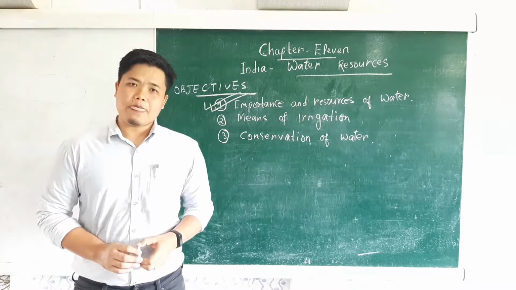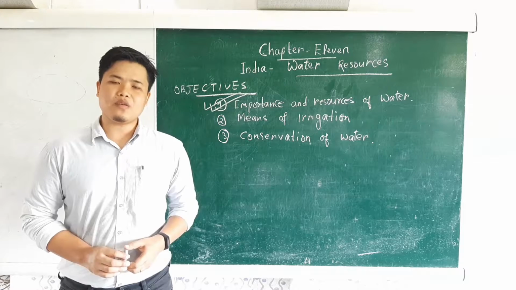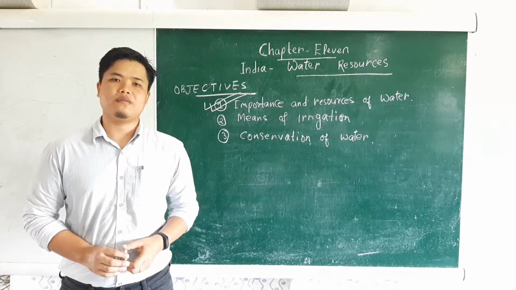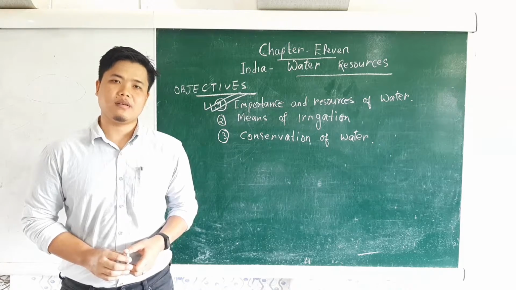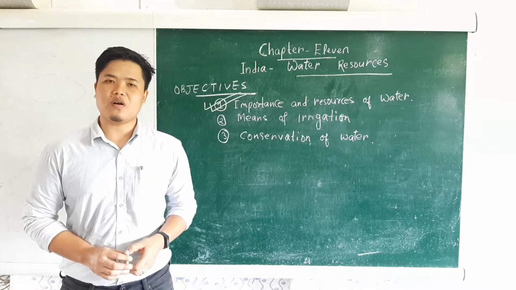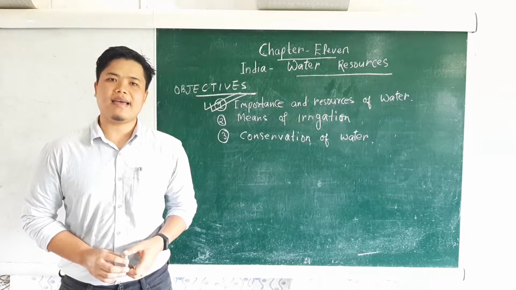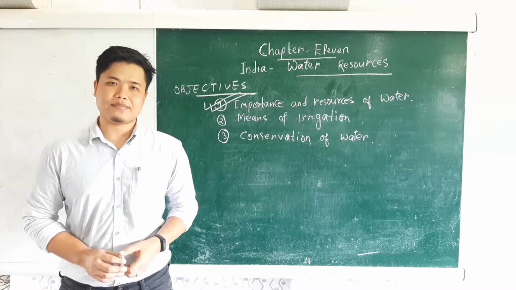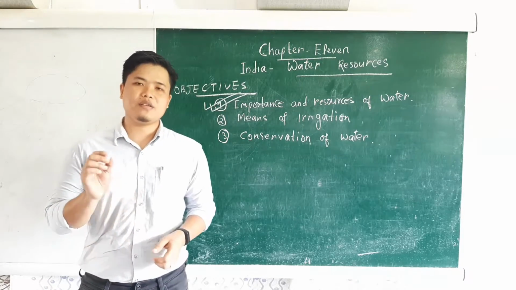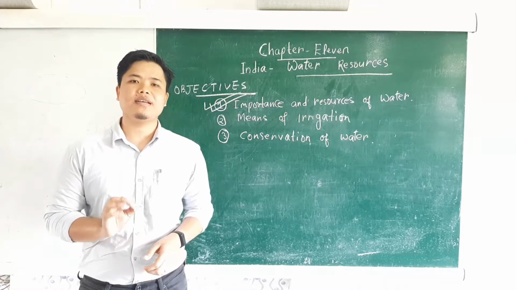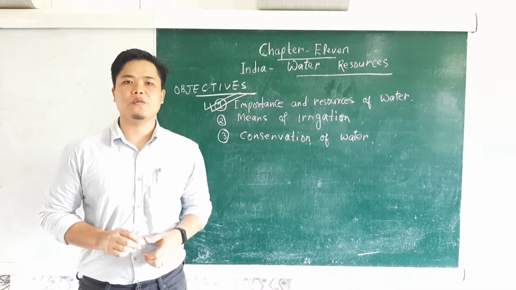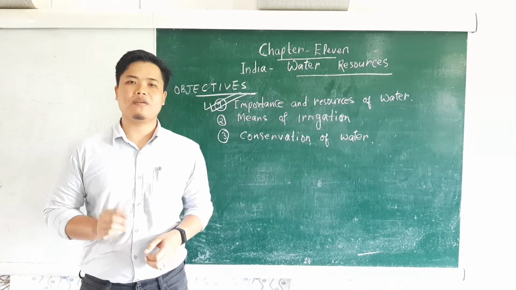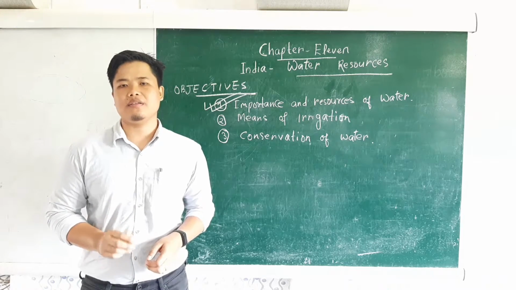Do you know that 71% of the earth is covered with water bodies? So the earth is often termed the blue planet. But out of 71%, only 3% of the water resources is fresh water, which means suitable for human consumption and use.